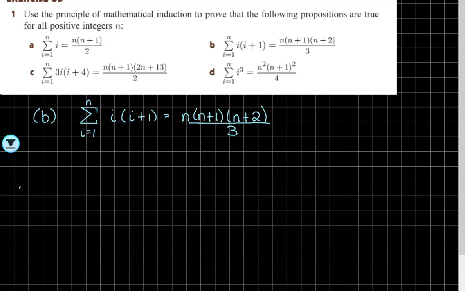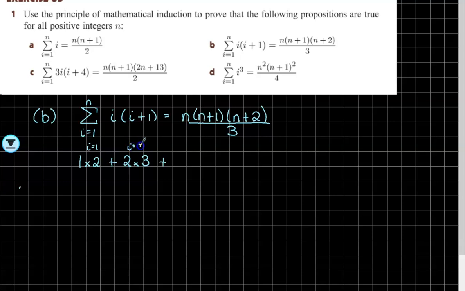So when we see the notation, remember what this is saying is the first term is when i is 1. So your first term is going to be 1 times 1 plus 1, so 2. Your next one, we say add, and now i is going to become 2. So it becomes 2 times 2 plus 1, which is 3. Plus, so that's when i is 1.